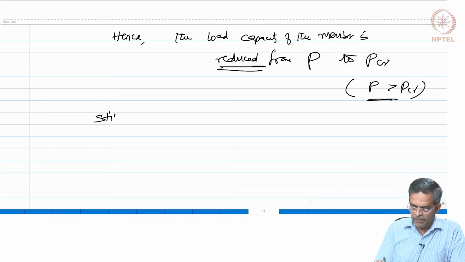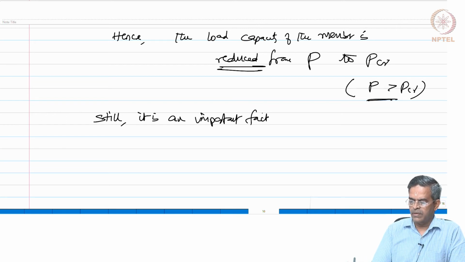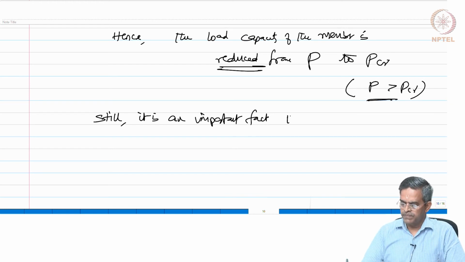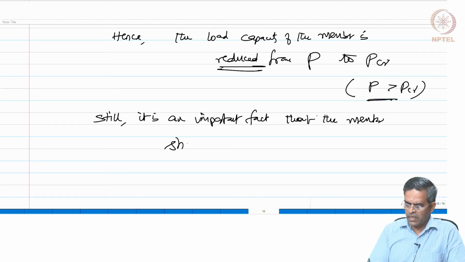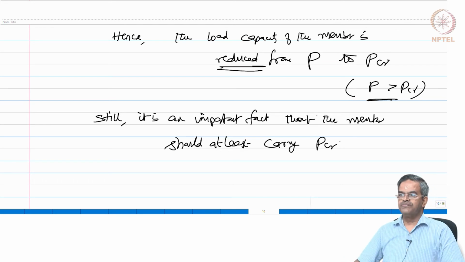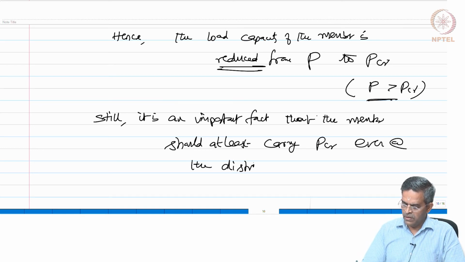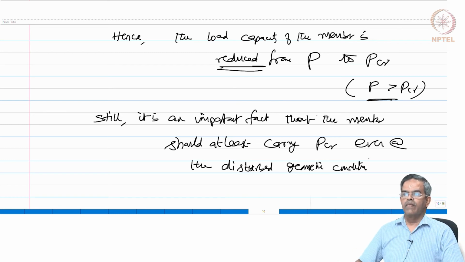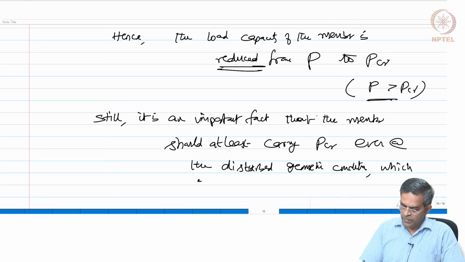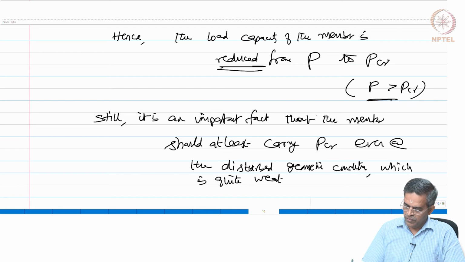but still it is an important fact that the member should at least carry PCR even at the disturbed geometric condition, which is quite weak from the original form.